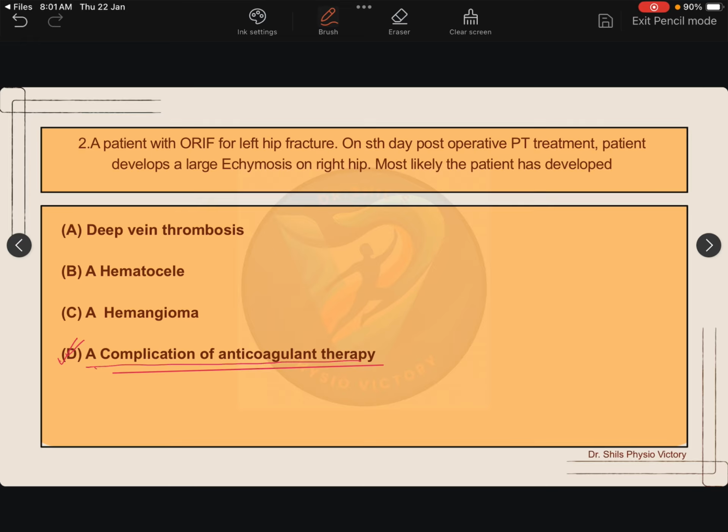Actually, after ORIF, hip fracture patients are routinely given heparin and/or warfarin, which are anticoagulants, to basically prevent DVT.